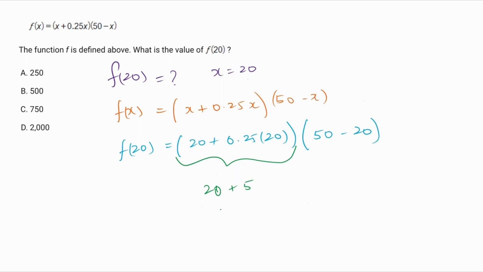So adding these both we get 25. And the second parenthesis we have 30. Therefore, f of 20 is equal to 25 multiplied by 30 which is 750. So let's look at our options. Option C is my correct answer.